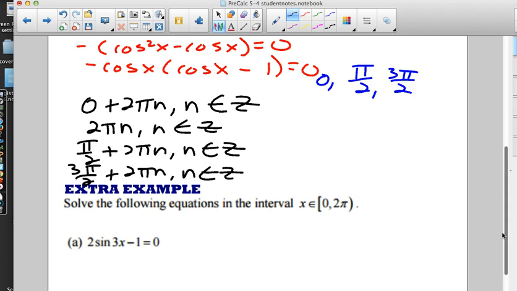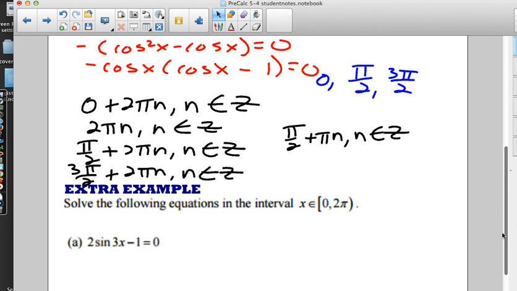Unless you noticed, can you just do pi over 2 plus pi n? You could. So that was the next point, and Cy just caught that, and that is, because these are going to be exactly pi units apart, we could just do pi over 2 plus pi n and the set of all integers. But we have decided we're going to take this from everybody too.